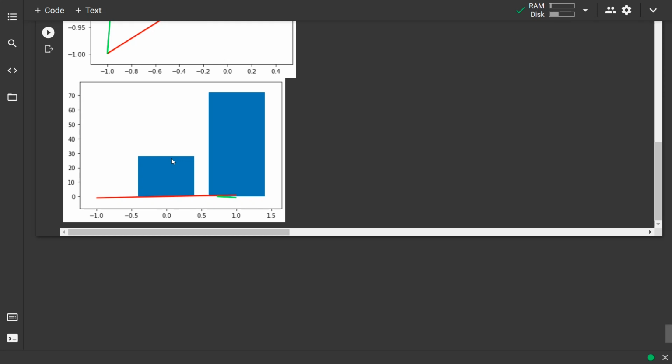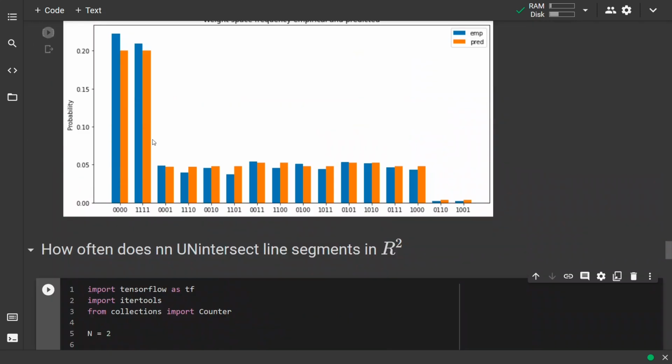But it gives a little insight into these statistics, where these are so small. To compute these, only 30% of the time is it even possible, because you have to unintersect the lines.